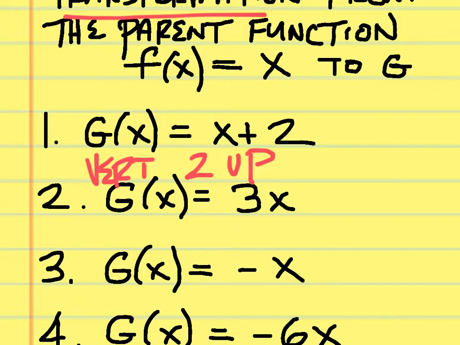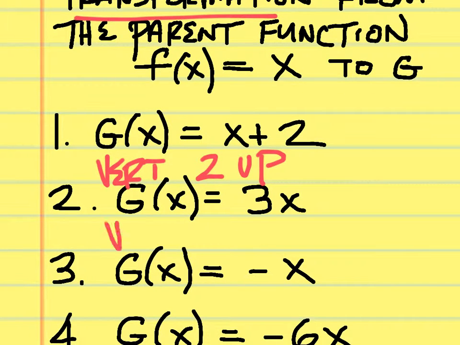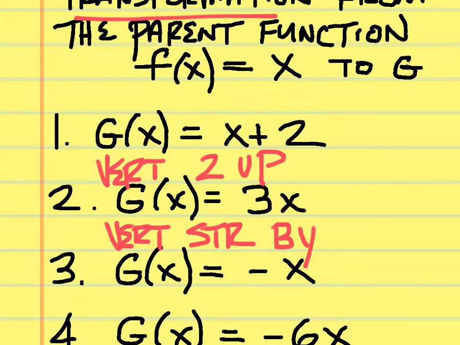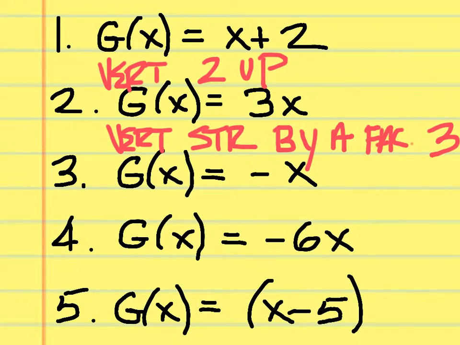How do I describe putting a 3x in front of it? What is that? Vertical stretch by a factor of 3. What if I put a negative sign in front of the x?